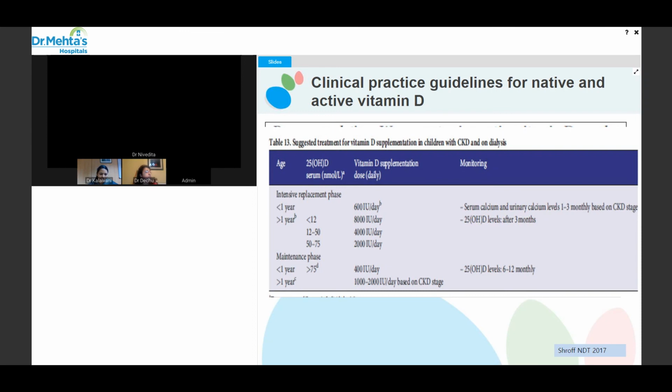Your goal of therapy would be 30 nanogram per ml, but if it's exceeding 75 or 100, definitely you need to stop the drug. Most of the studies show clinical manifestations only above 250, but we are not even looking at that target. So above 100 nanogram per ml, we would probably stop the drug.